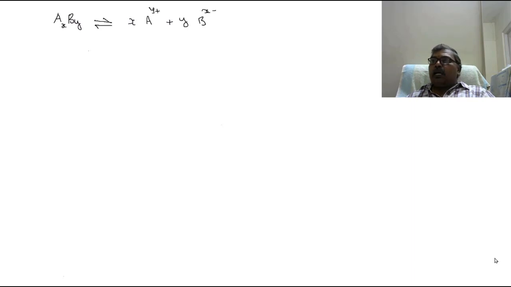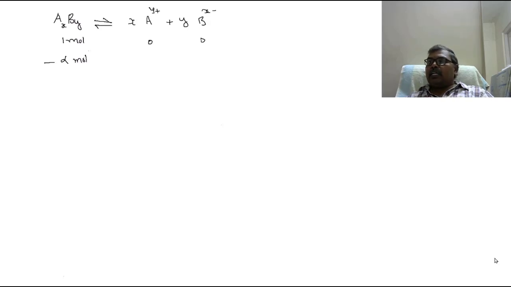Right. Now let us suppose that it is not 100% dissociated. Let us suppose that 1 mole is dissolved actually, and that at the equilibrium state, means final stage, alpha moles only dissociated. For 1 mole, alpha moles only dissociated.